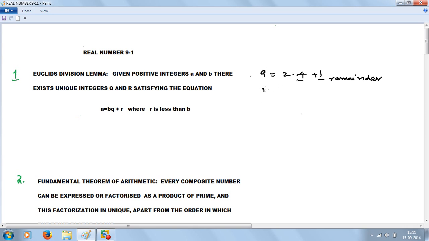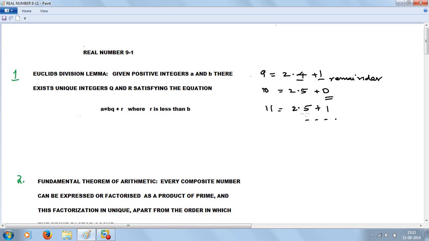So let us take the example of 10. What happens now? 2 multiplied by 5 plus 0. Now the remainder is 0. Okay, we take the example of 11. Now 2 multiplied by 5 plus 1. You can see each number can be expressed, given positive integers a and b.